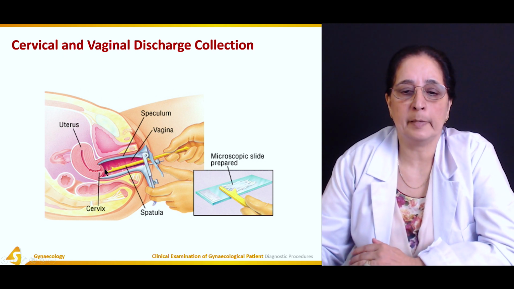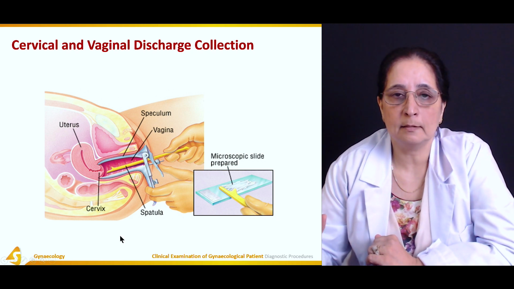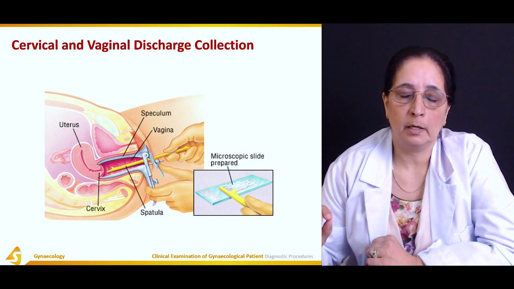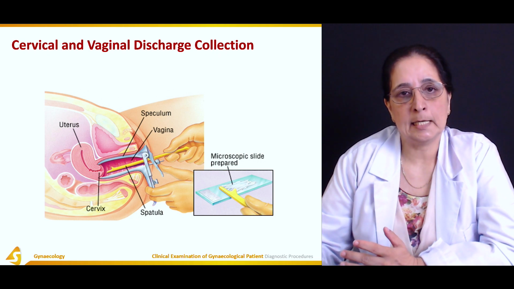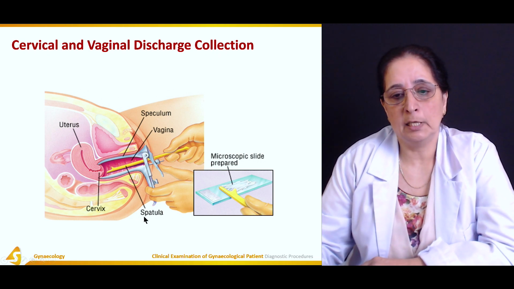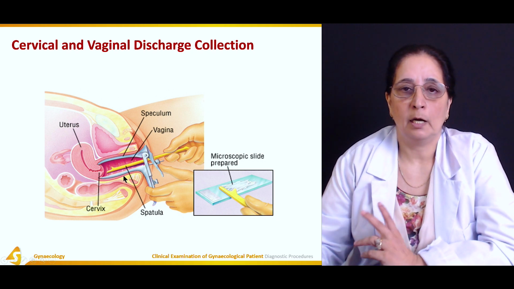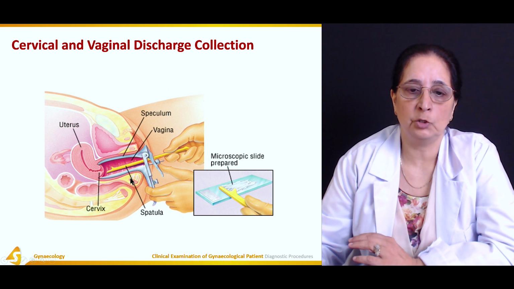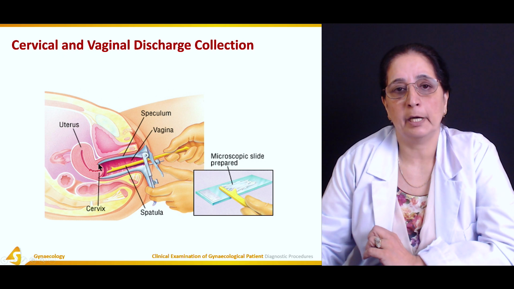The brush is used to get the specimen from inside the cervix, to avoid excess bleeding. So the wooden spatula and the endocervical brush are the two things used to remove the tissues or scrapings from the cervix and the vaginal wall.